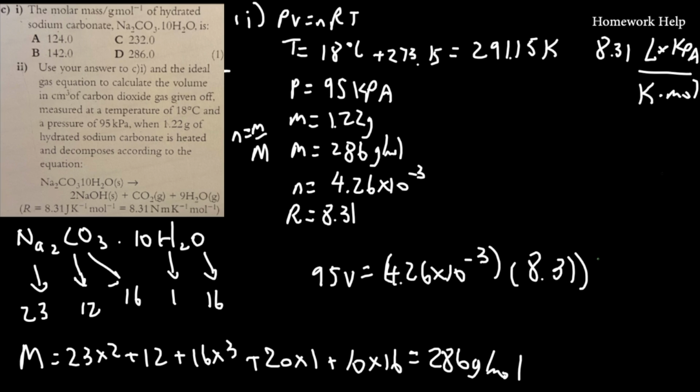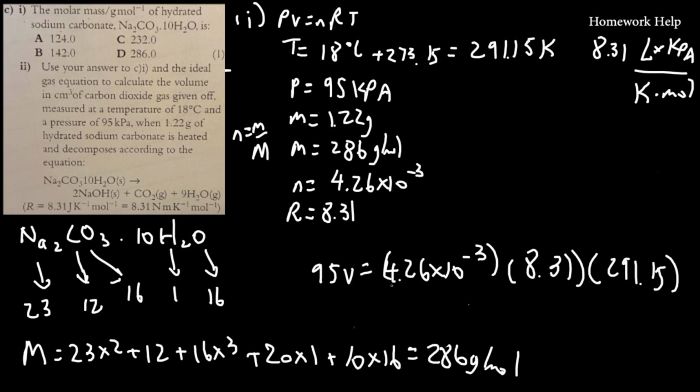So 4.26 times 10 to the exponent negative 3 times 8.31 times 291.15, and from here you get 95V equals 10.31, and to solve for V you're going to divide by 95.